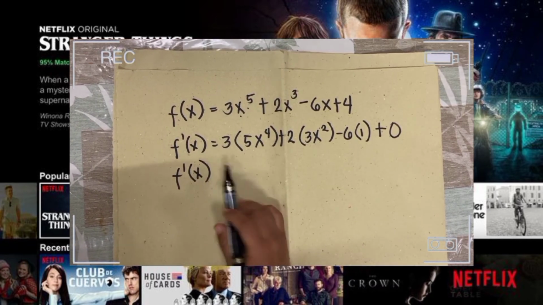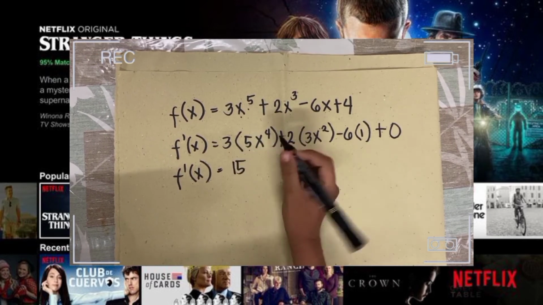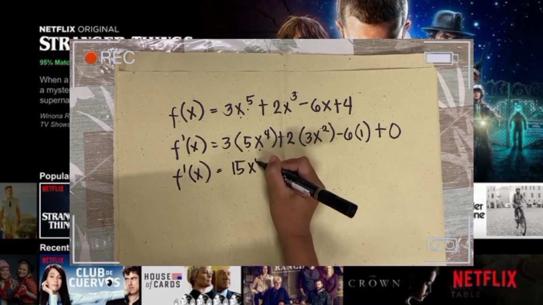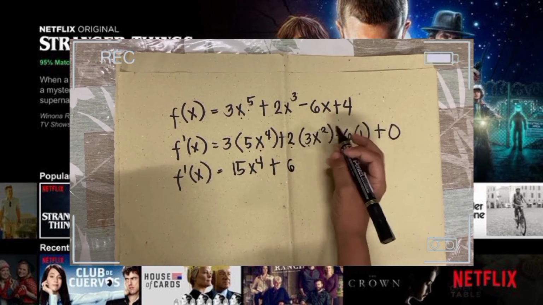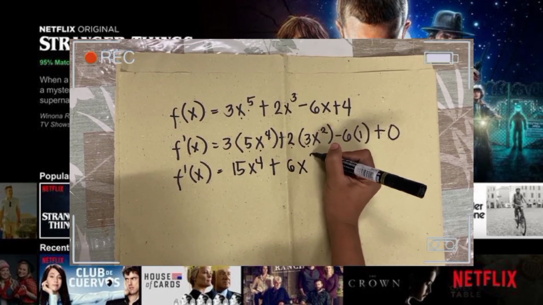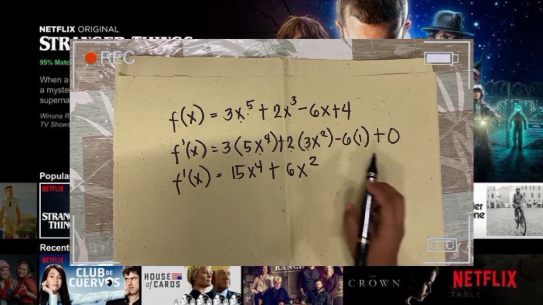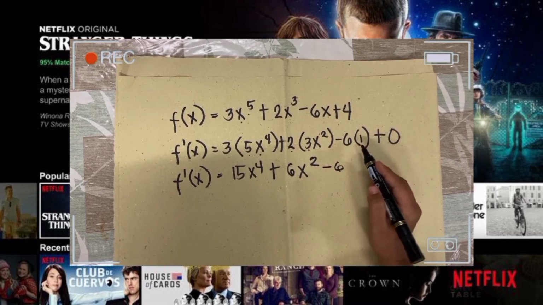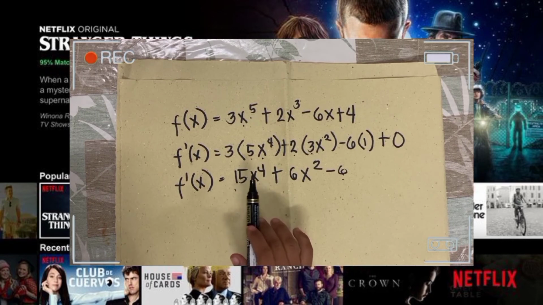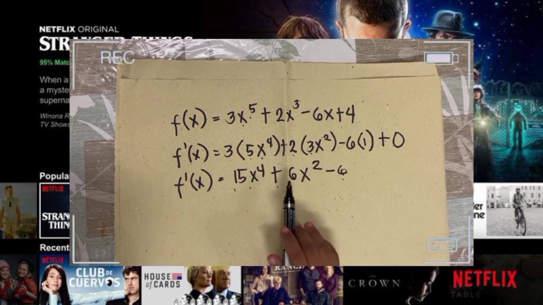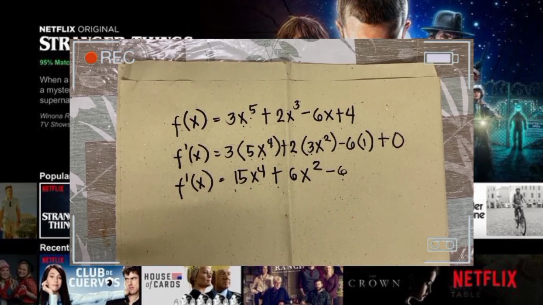So 3 times 5 equals 15, copy x to the power of 4, plus 2 times 3 equals 6, copy x squared, and negative 6 times 1 is negative 6. So our first derivative is 15x to the power of 4 plus 6x squared minus 6.